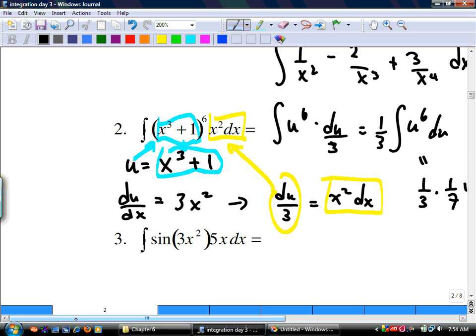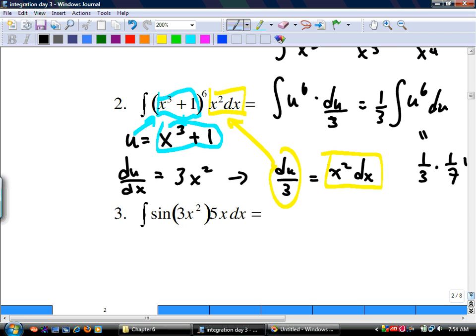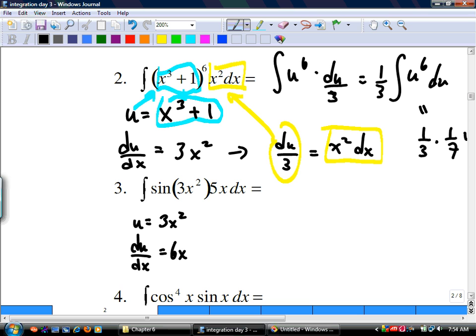Okay. Well, what are you going to let u equal here? u equals 3x squared. So du over dx equals 6x. And then you go, hey, Mr. F, I don't see a 6 there. So you could write it as du over 6 equals x dx.